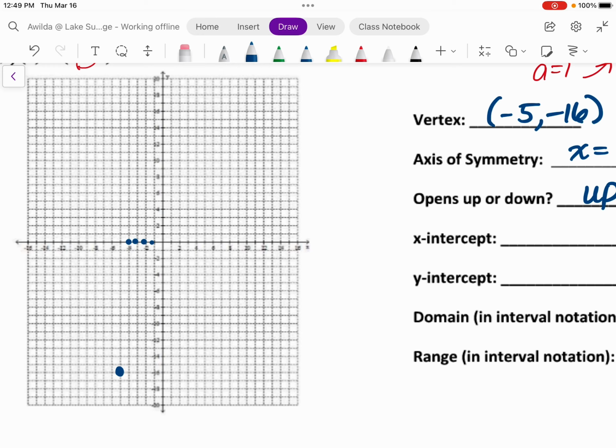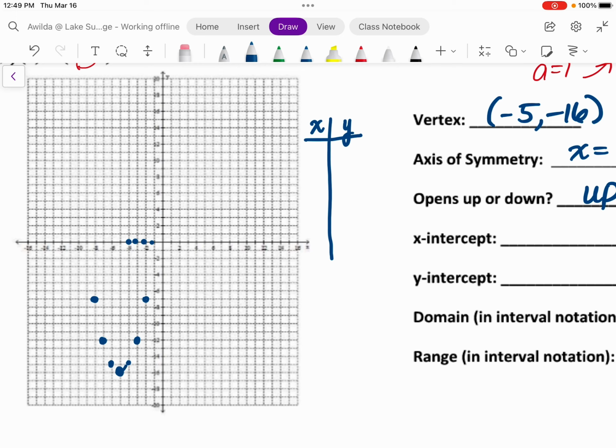Now, to find additional points on the graph, you can do an XY table, or you can remember from the parent graph of y equals x squared that we'll have a dot here and here, here, and here, here, here.